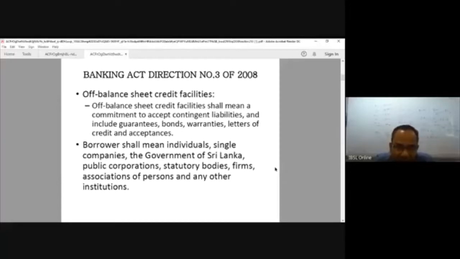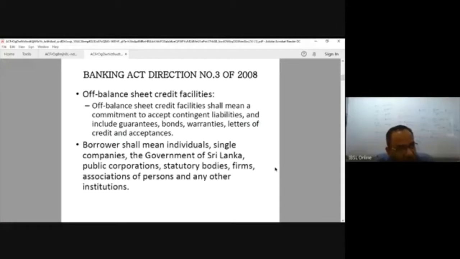So if you take LC, you are opening a letter of credit for import of goods. So you have opened LCs for a customer. The customer's LCs have been opened, but we haven't parted with the funds. So it is not on the balance sheet. But what happens is that the exporter takes the LC and exports the goods, and according to the LC, he has sent the documents. So documents have arrived. Once the documents have arrived and are in order, we will have to release to the customer.